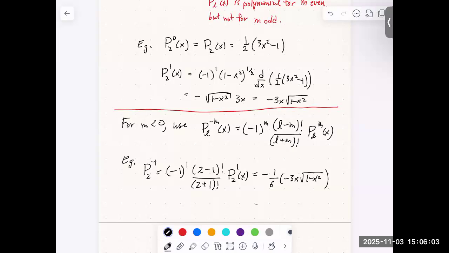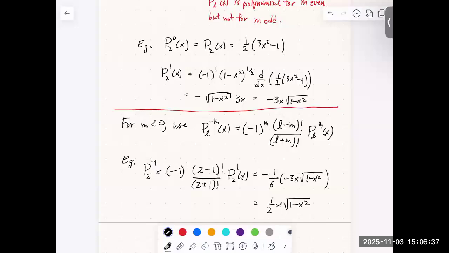And so this is 1/2 of x root 1 minus x squared. So you could see that actually the functional form for m equals plus and minus are the same. It's the same x square root of 1 minus x squared. The only thing that's different is possibly a sign change and some overall prefactor. Other than that, they look similar.